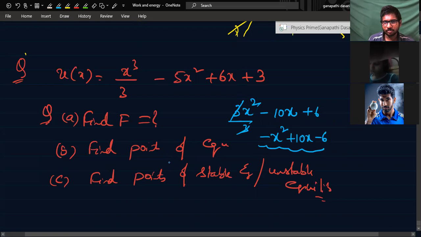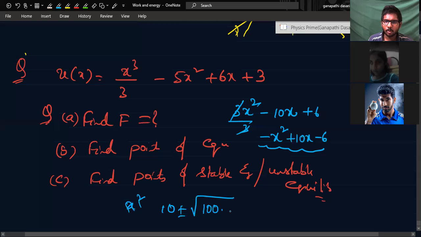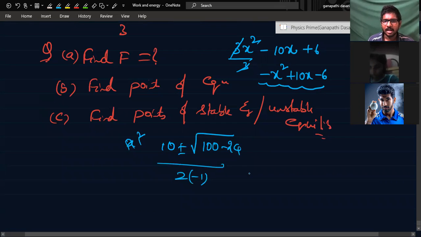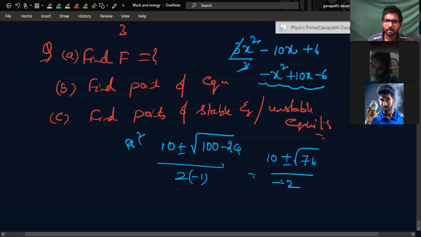Then the second one is 10 plus or minus root 76 by 2. B square is how much? 100 minus 4 into minus 1 into minus 6, which is plus 24. So the answer is 10 plus or minus root 76 by minus 2, and you can multiply with minus.